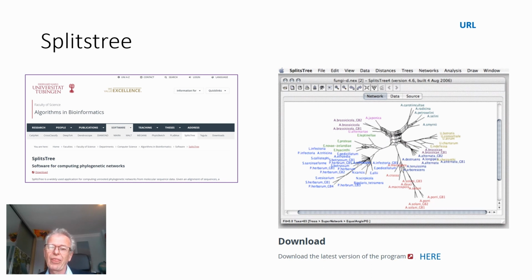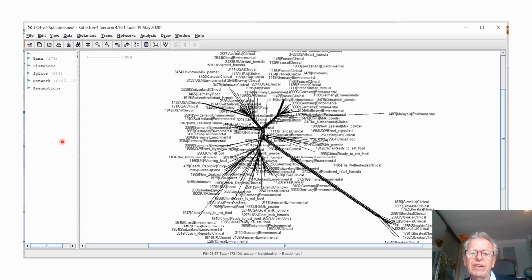So that file you then open up in SplitsTree, and you can see the interesting way that clonal complex 4 breaks up into various other subclusters, and you can see the end of the branches is where that information is.